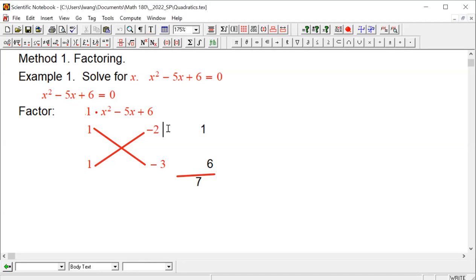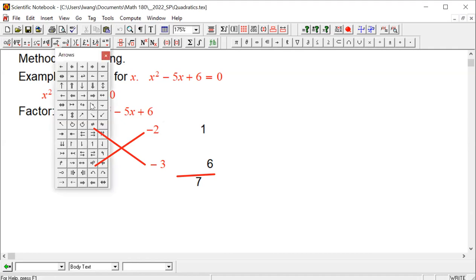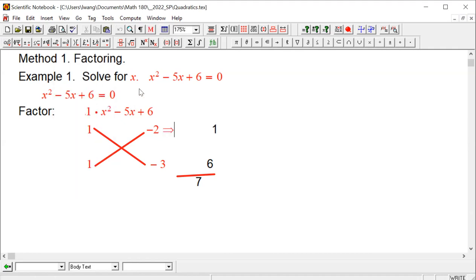So 1 times -2 gives us -2, and 1 times -3 gives us -3.